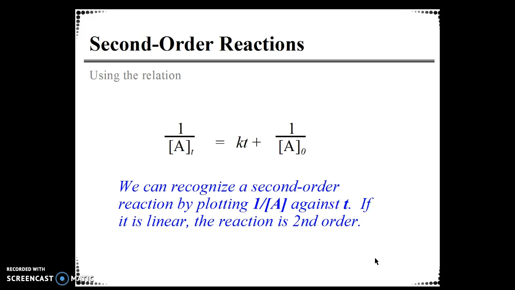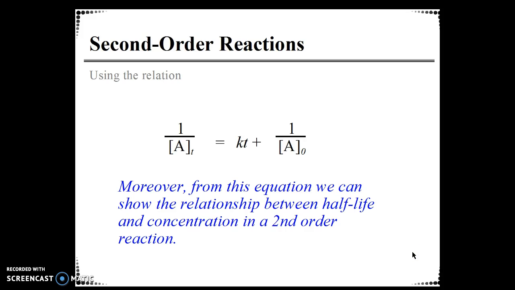We can recognize a second order reaction then by plotting the reciprocal of the concentration of the reactant against time. If it is a linear function, the reaction is a second order reaction. Moreover, from this equation we can show the relationship between the half-life and the concentration in a second order reaction.